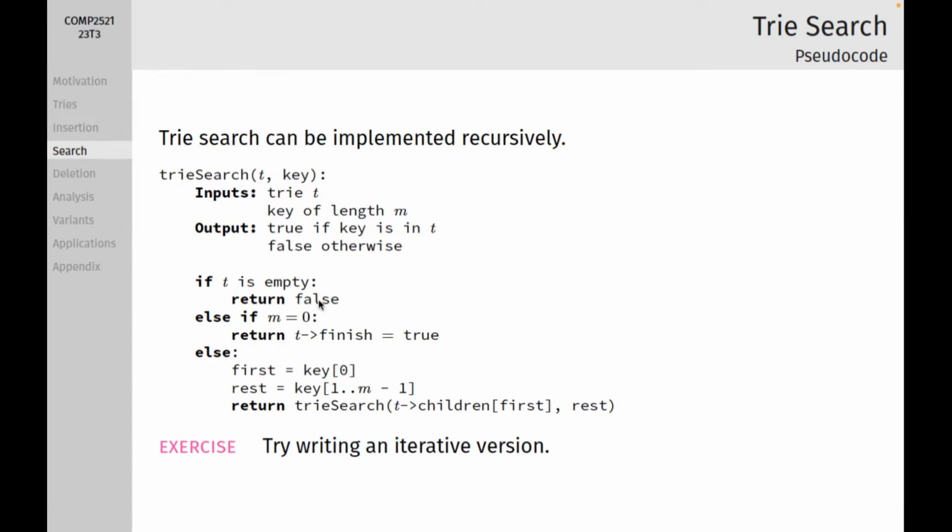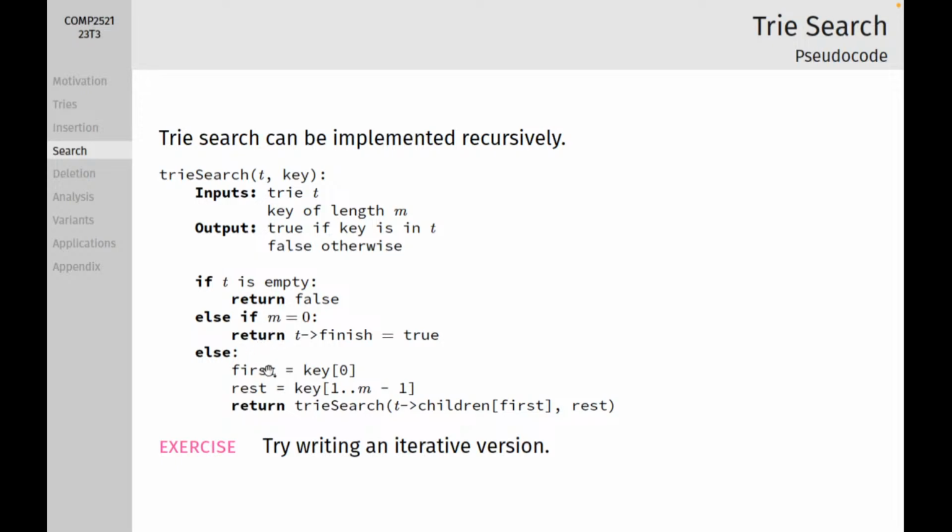And yeah, here's the pseudocode for searching. So if t is empty, then that means the key doesn't exist, so we return false. Otherwise, if the key is empty, then that means we've reached the node that we've been searching for, and we simply check if it is a finishing node. So return t.finish equals true.